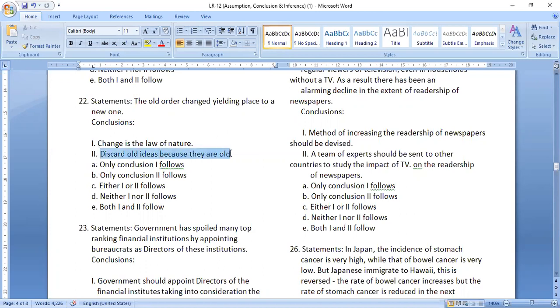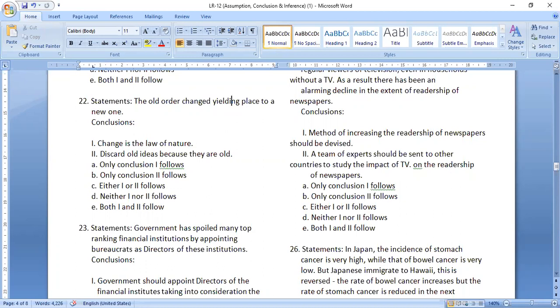So discard old ideas. See, they aren't even talking about ideas. They're talking about an old order changed. It changed, yielding to a new one. So the order changed. So there was an older order. The older order has become a new order, but there is still order.